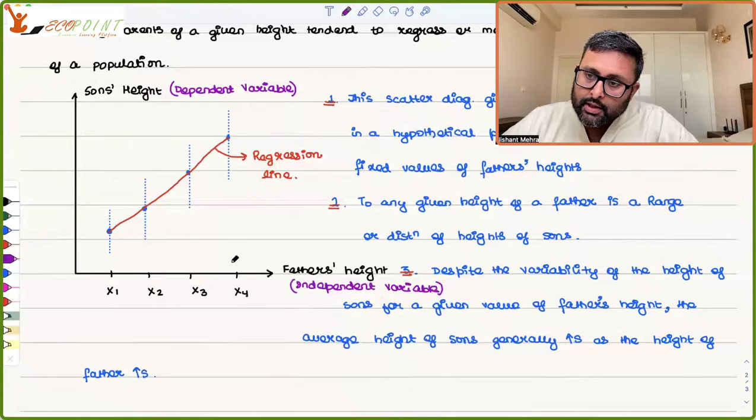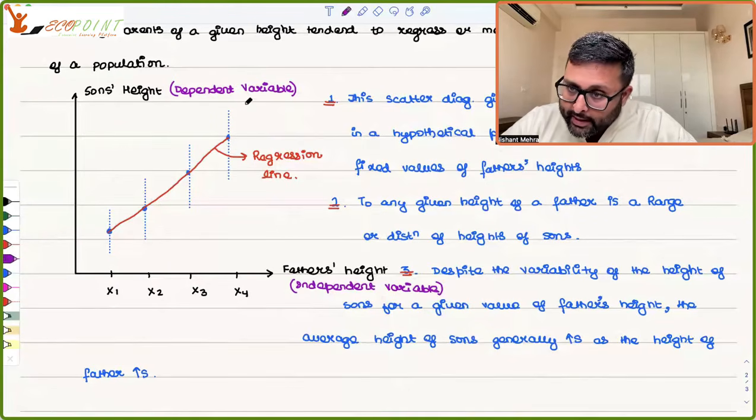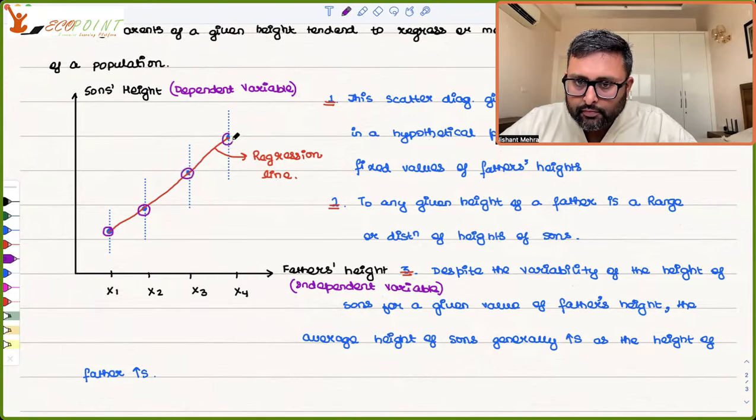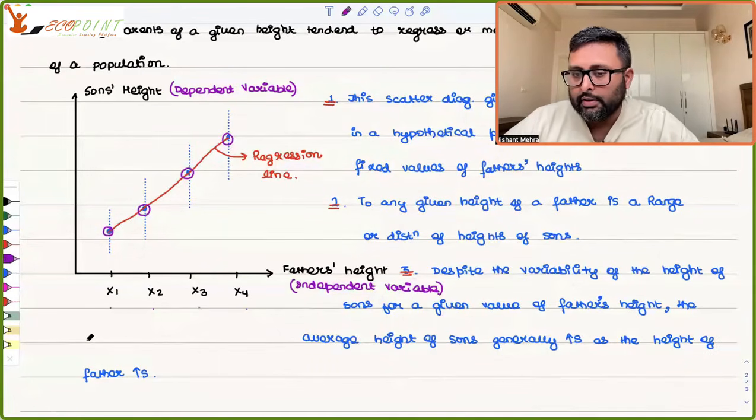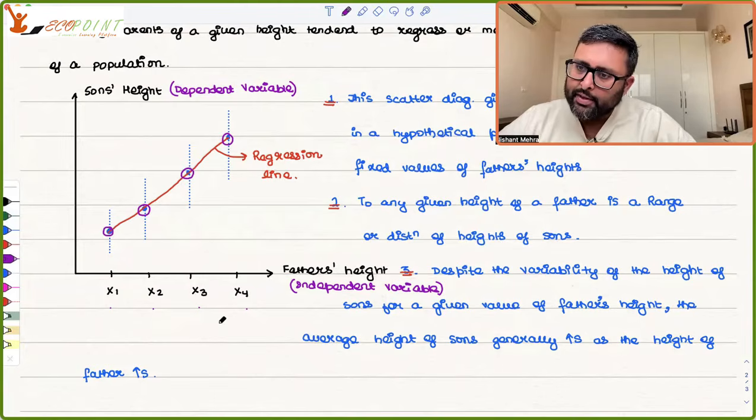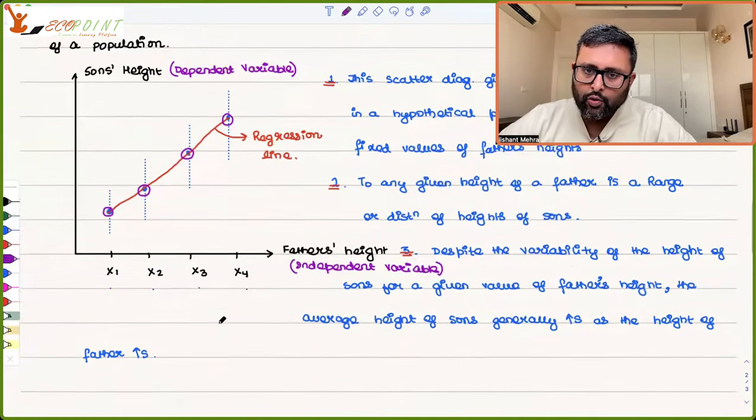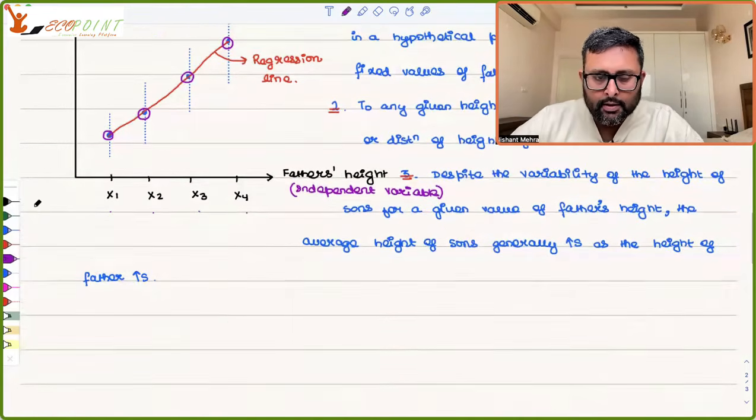So what you are trying to say? You want to predict the average value of the dependent variable for a given value of the independent variable. This is what regression analysis is telling, right? Independent variable or explanatory variables, these are the same thing, right? So here in our case, what is it that you want to do?